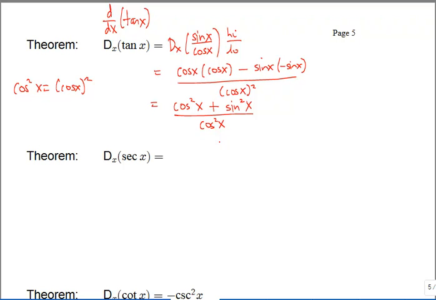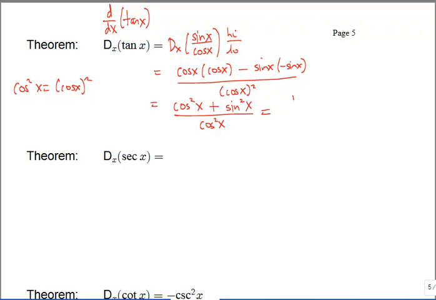Now let's use a little bit of our identities. Hopefully you notice on the top there that we have a cosine squared x plus a sine squared x. And based on our unit definition of our trig functions, they form a right triangle using a hypotenuse of 1, and so it's known from one of our Pythagorean identities that cosine squared x plus sine squared x is always 1.